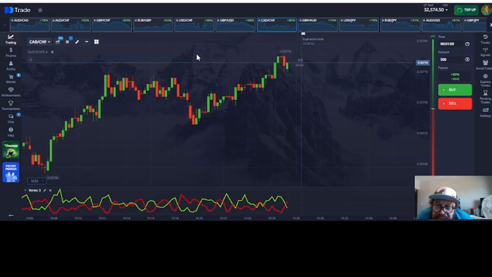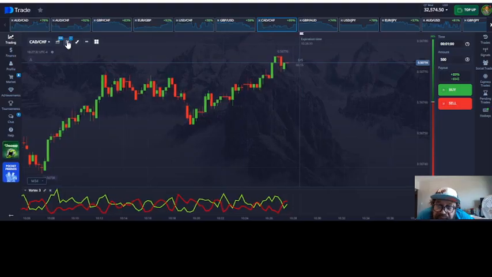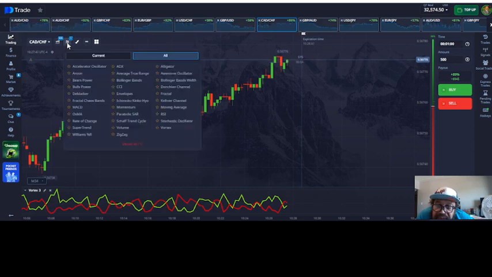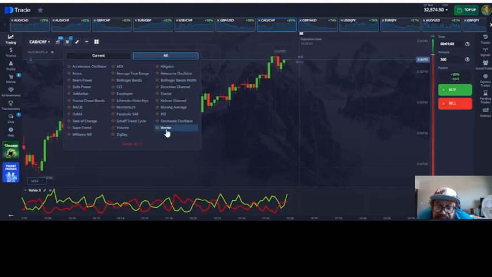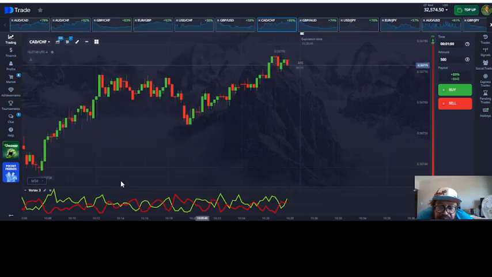So I'm going to be utilizing one indicator. And if we click on our indicator icon here, the indicator is the Vortex Indicator. We click on that indicator icon and the Vortex Indicator appears at the bottom of the chart here.